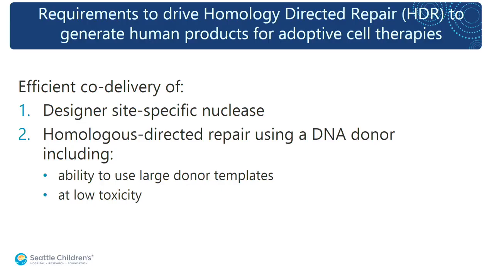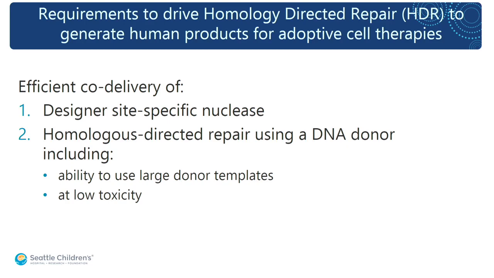And over the last 10 years, we've moved from viral-based gene therapy in hematopoietic cells to trying to use gene editing to make therapeutic products. There were two major things that had to happen for this to be possible.